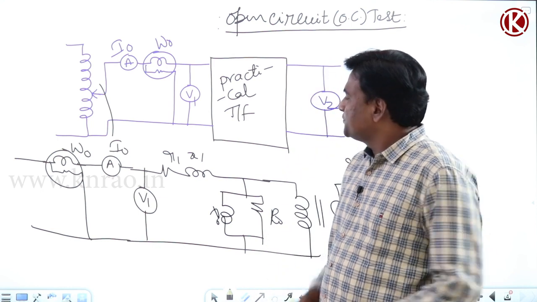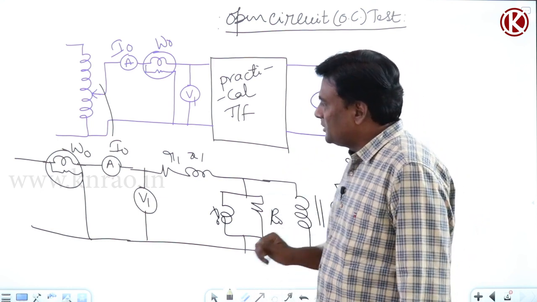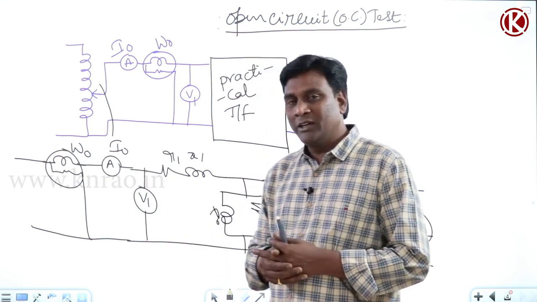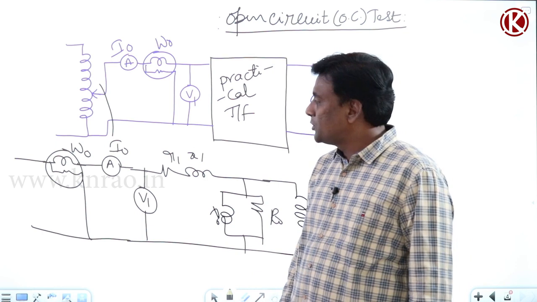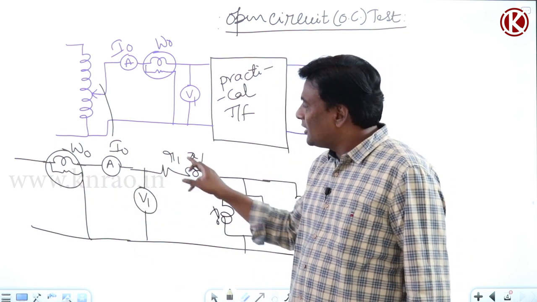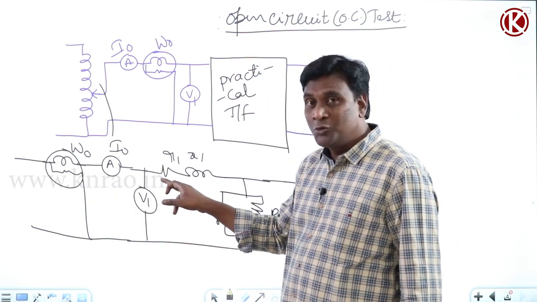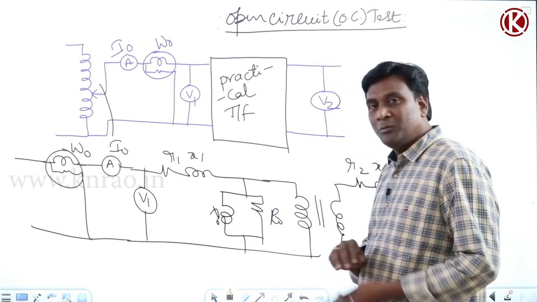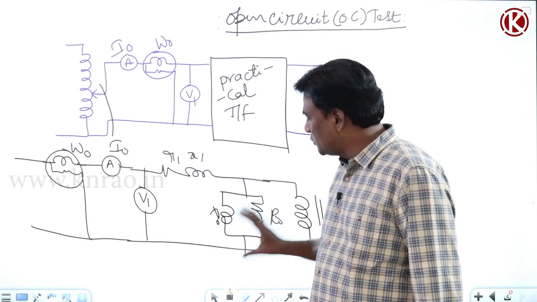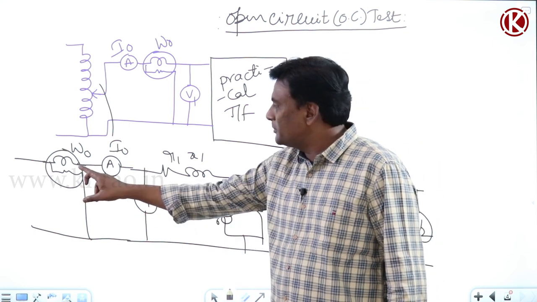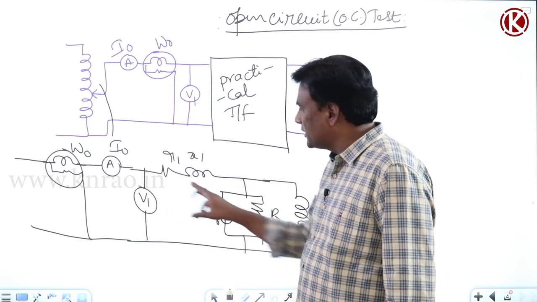See here, for example, in the wattmeter two components will be recorded. What are those? The wattmeter will record primary winding copper losses due to no load current and the core loss component. So if I move the shunt branch from here to here, the wattmeter is supposed to record only core loss, it will not record this.